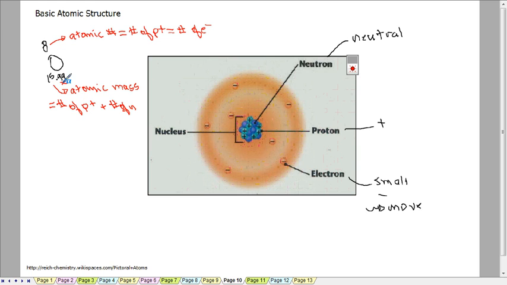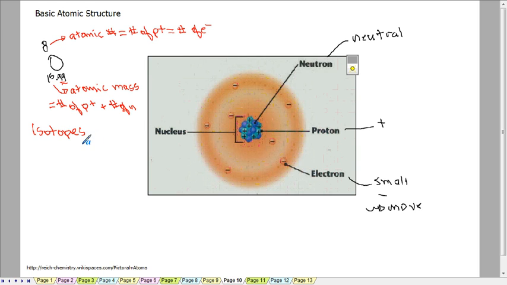Now the fact that we have a decimal here has nothing to do with a neutron or proton being slightly different in size. What it does have to deal with is the fact that in nature we have different sizes of oxygen atoms, and we call these isotopes.